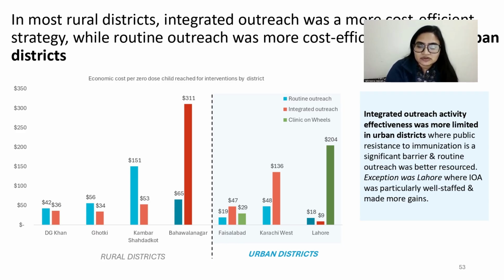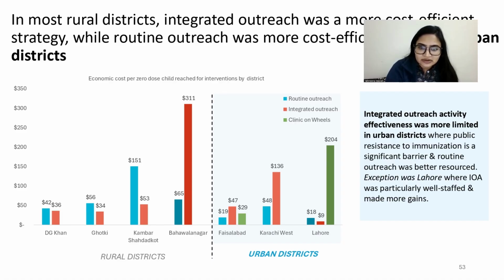Therefore, most of the children are already reached through the routine outreach, and the effectiveness of the integrated outreach in terms of total number of zero dose children reached was less as compared to the routine outreach.